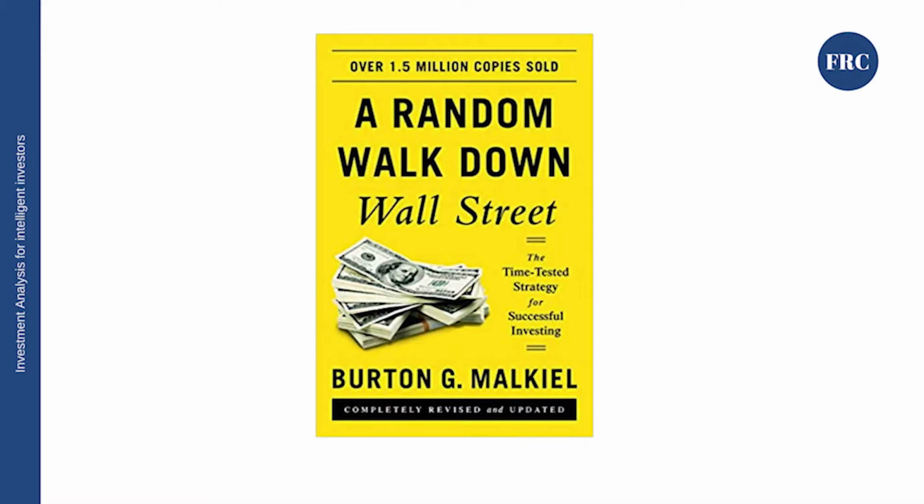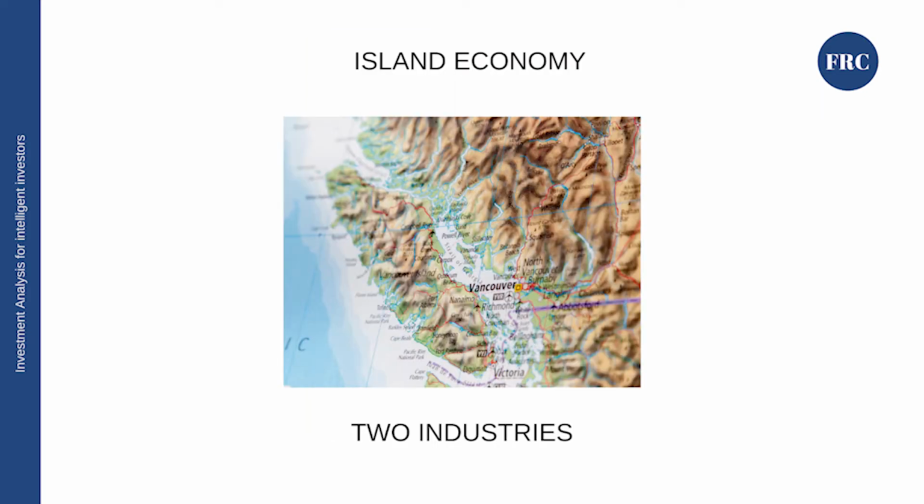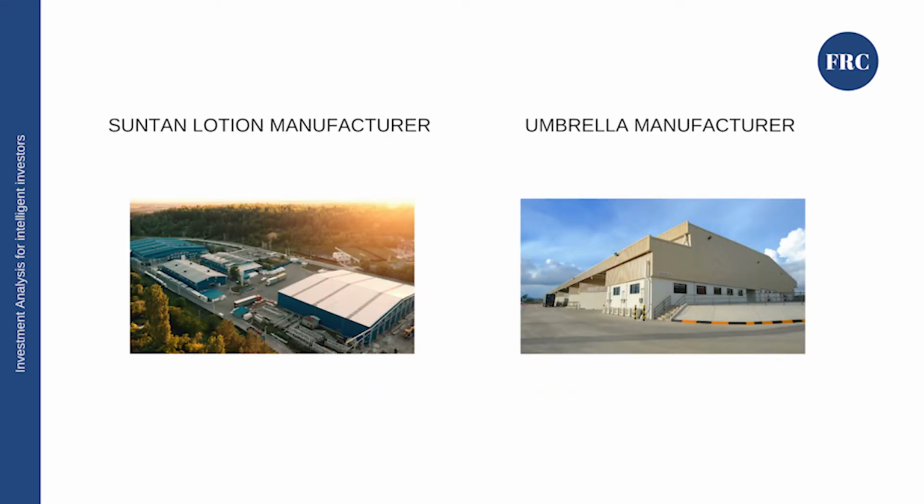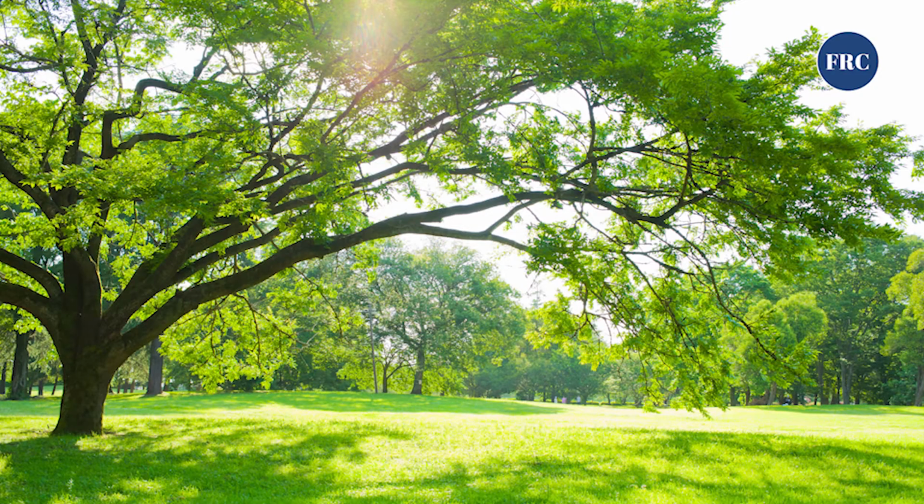The best explanation of diversification that I've come across is from when I was really young and learning about the stock market, in a book called A Random Walk Down Wall Street. The author explained it like this. Let's assume there's an island economy and there are only two industries there. One is a manufacturer of suntan lotions and the other makes umbrellas. Half the year it could rain, half the year it could be sunny, or a little bit of both.